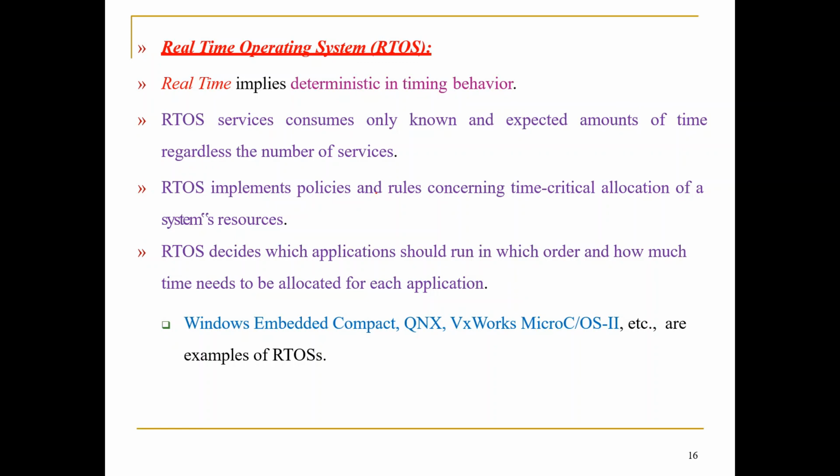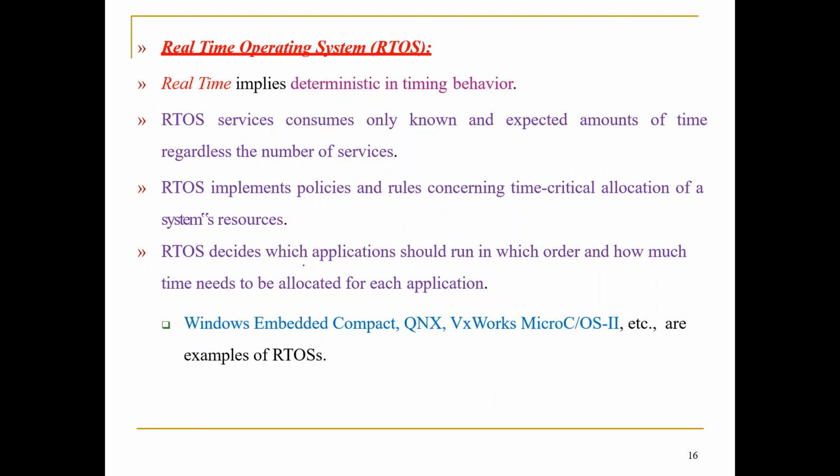RTOS implements policies and rules concerning time critical allocation of system resources. So normally when I say that the system is going to give you the output, it means that there should be proper interfacing happening between the user application and the underlying system resources, which means that RTOS will have a set of policies, rules or protocols which make sure that the system resources will be allocated in the given amount of time.